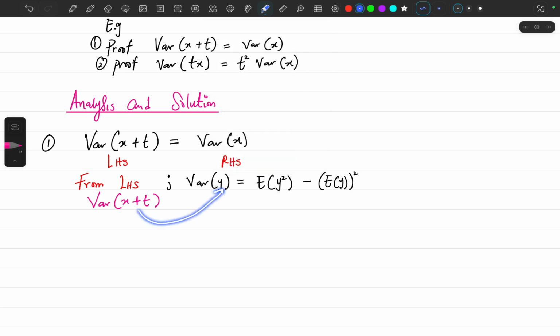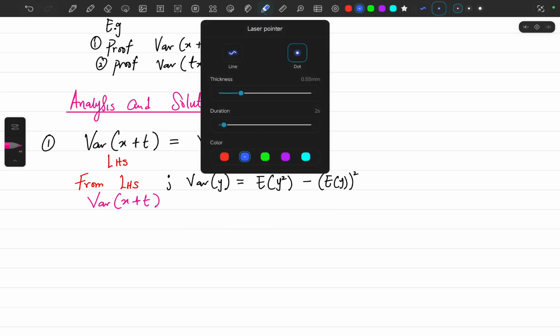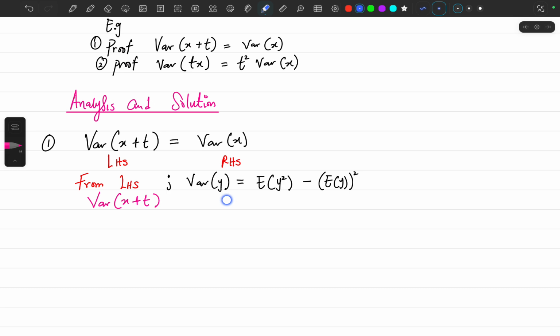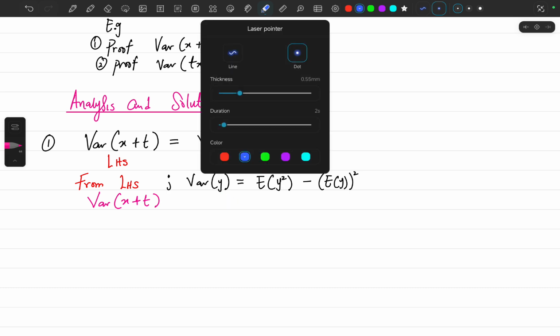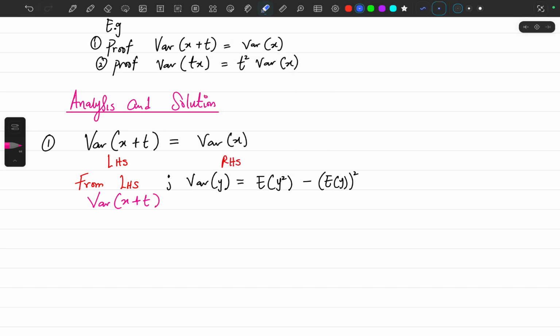So we're going to put x plus t anywhere we see the y variable. That makes enough sense. So we can go ahead and work in line with this.